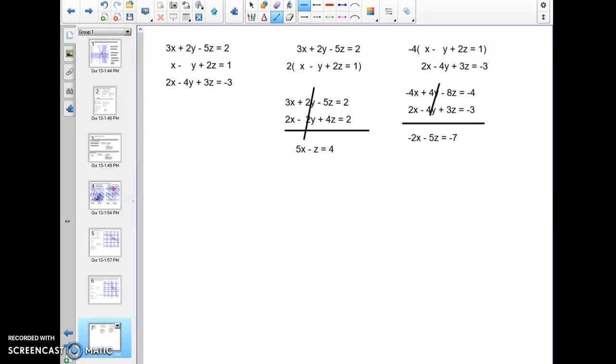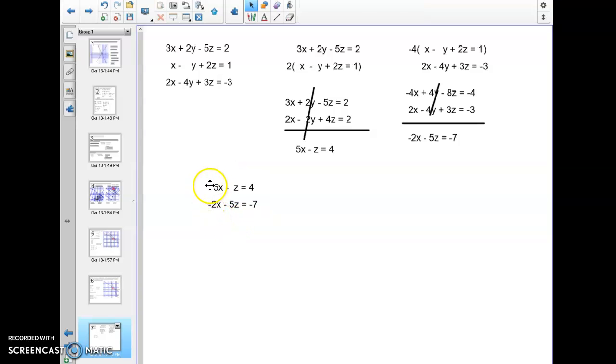Alright, so now I'm going to take these two equations without their y's, so 5x minus z equals 4, and negative 2x minus 5z equals negative 7. We literally create a new system. Keep things lined up.